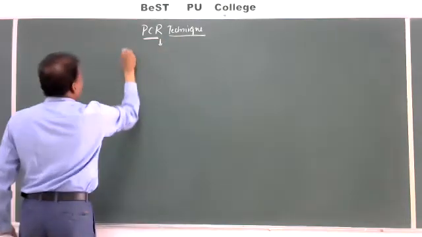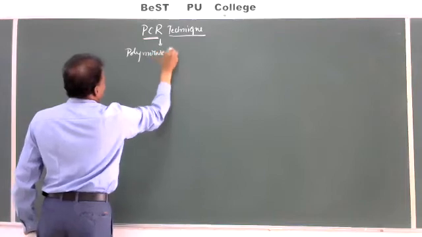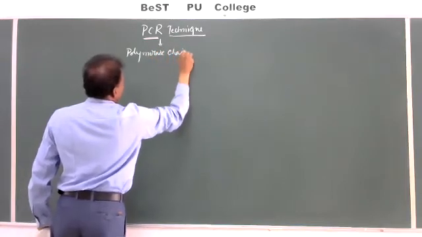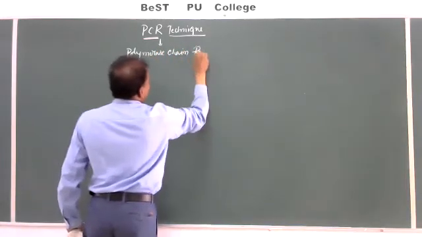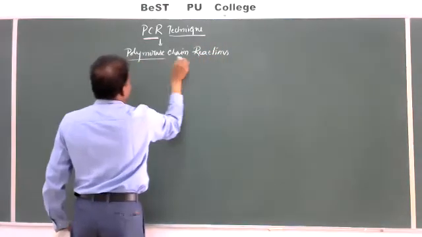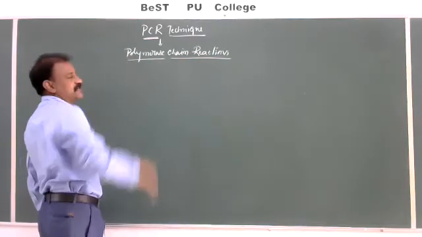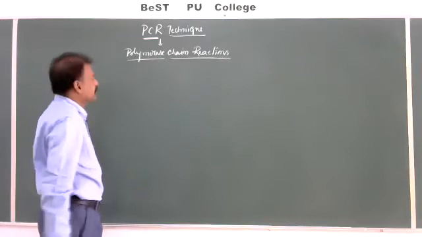PCR means polymerase chain reaction. Polymerization means addition of nucleotides, like replication.